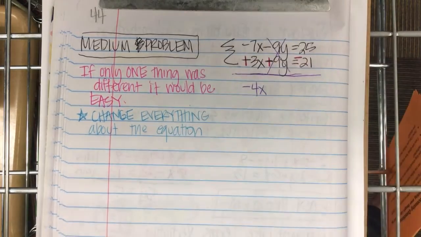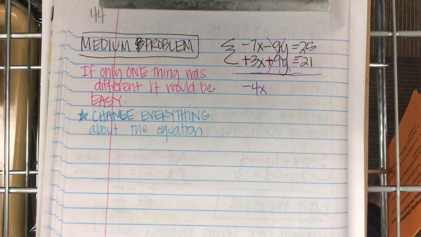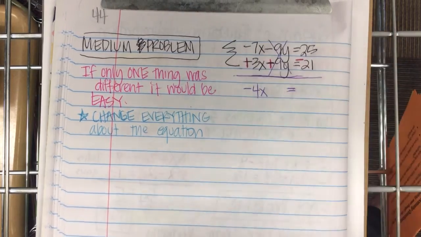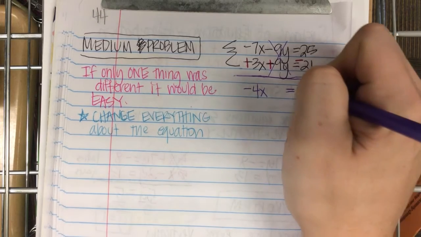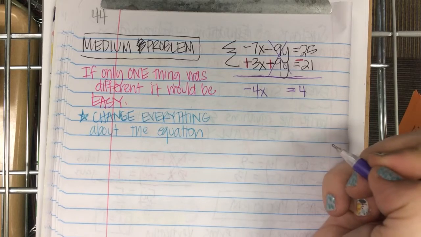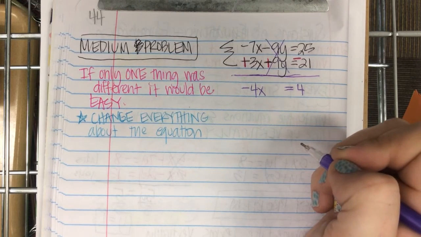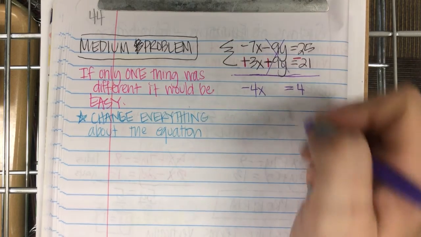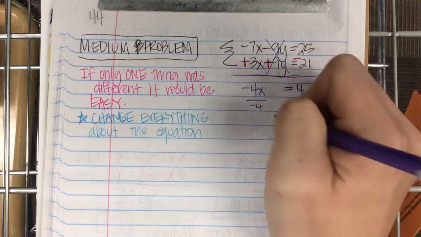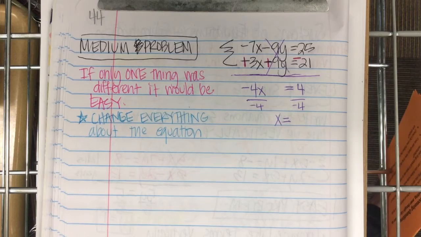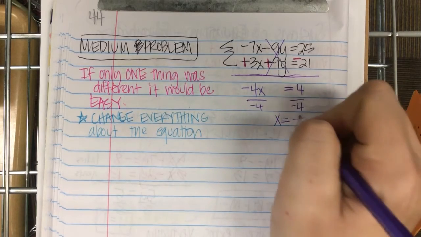My y's cancel out. Equals 25 minus 21 is 4. What's my next step? Solve for that variable, right? Divide by -4. So x equals -1.